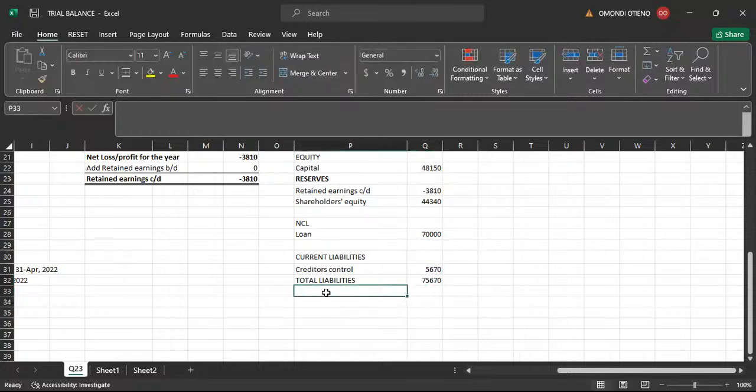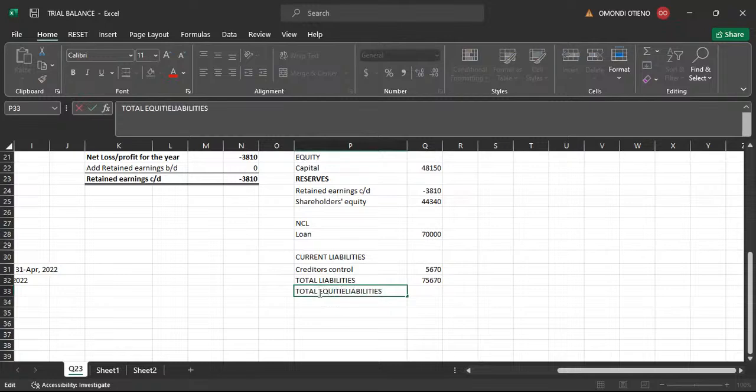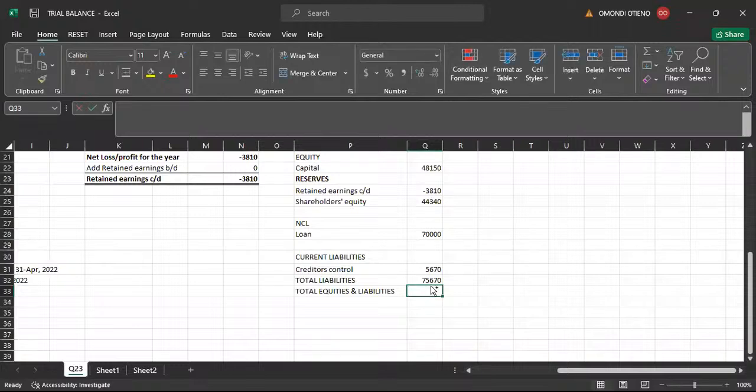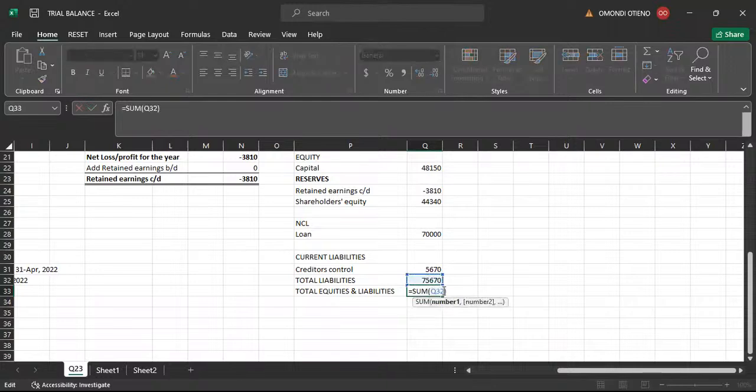And then total equities and liabilities should be the summation of total liabilities and shareholders' equity.